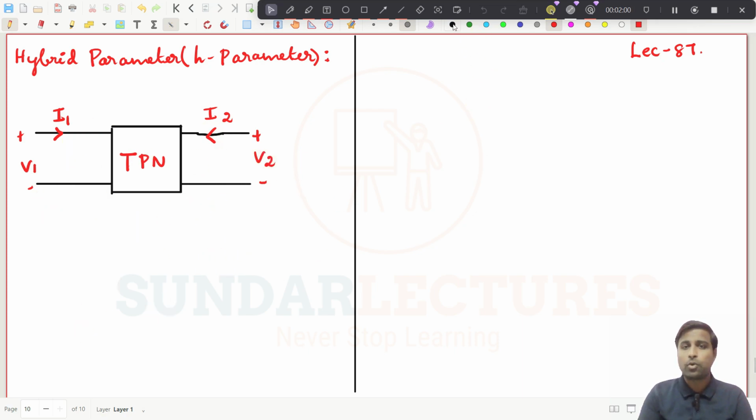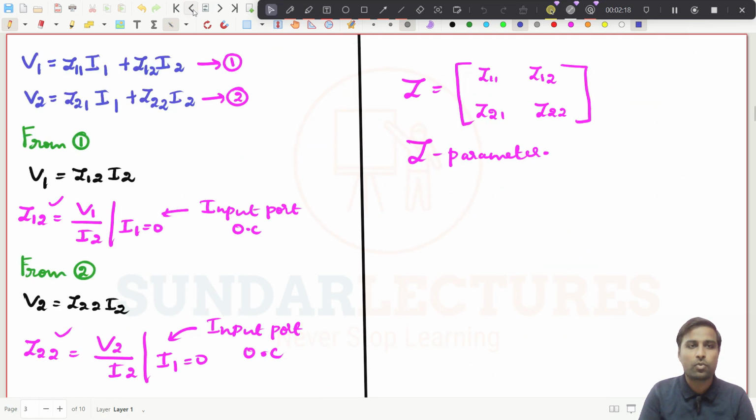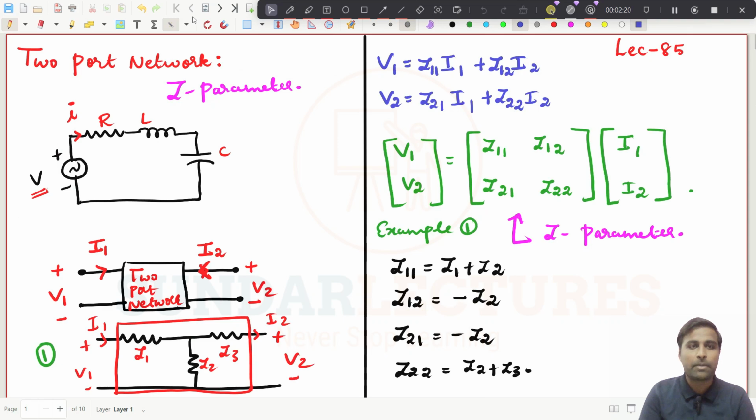If I am going to write an equation like this, for example V1 in terms of I1 plus V2, hybrid, right? In the previous lectures, for the Z parameter, we wrote V1 in terms of I1 and I2, and V2 in terms of I1 and I2, right?